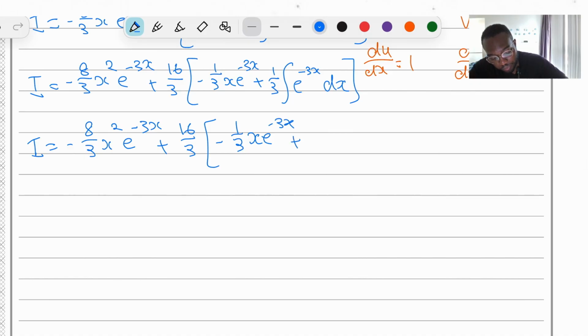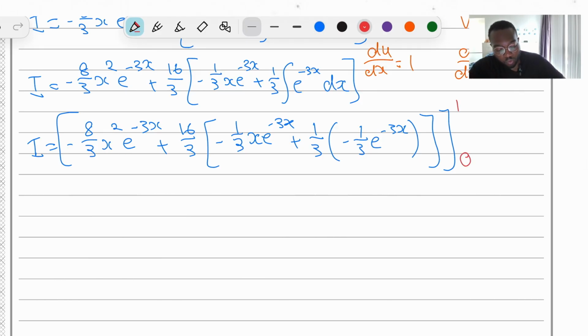And that is plus 1 over 3 times, if we integrate this one final time, we get a minus 1 over 3 e to the minus 3x. And then all of this has the limits of 1, 0.